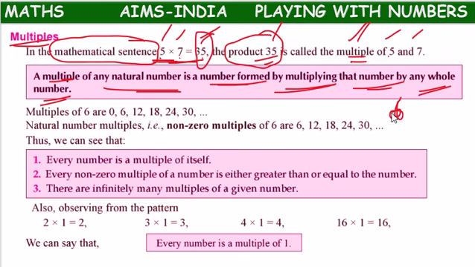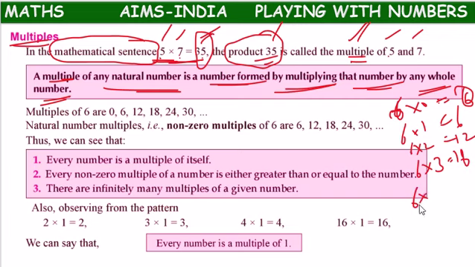To find the multiples of 6, what do we have to do? 6 into 0 is 0, 6 into 1 is 6, 6 into 2 is 12, 6 into 3 is 18, 6 into 4 is 24. So 0, 6, 12, 18, 24, next 30, next 36. Like that we can have an infinite number of multiples for the number 6.